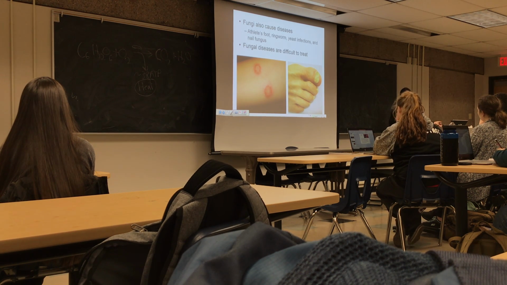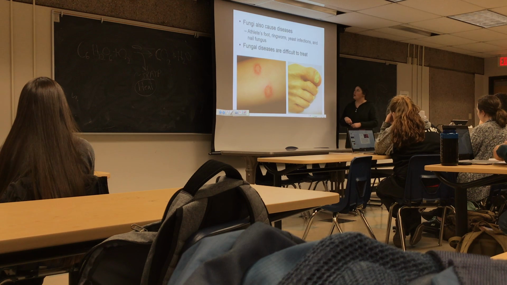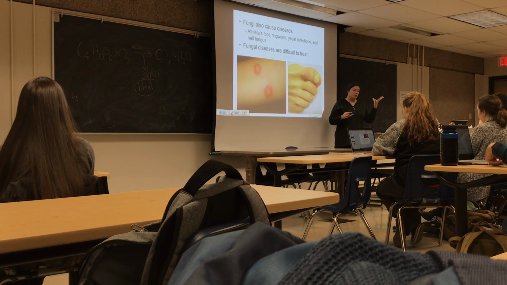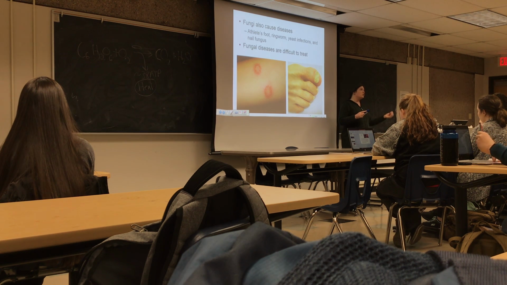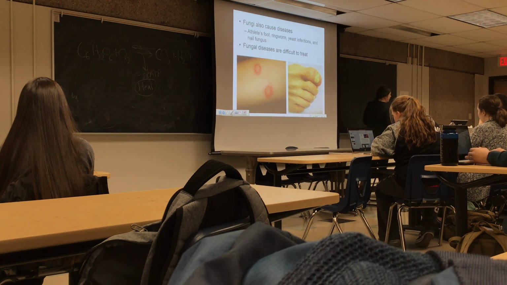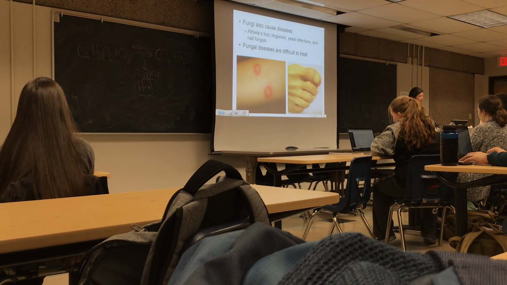And you can't treat yourself for a fungal disease with something that also kills you, right? That's not an effective way to treat yourself. So because of that, the compounds that we use to treat fungi, usually we have to take them in small doses because they can potentially be toxic to animals, and so they work more slowly, and they're just really tricky to treat because of that.